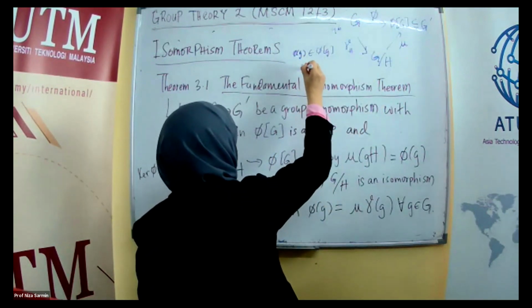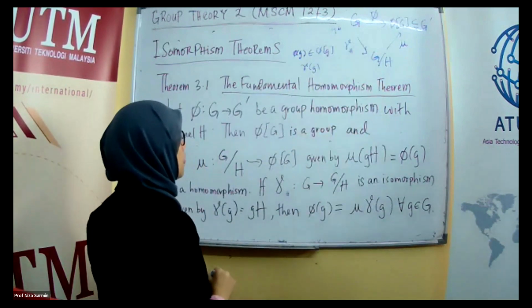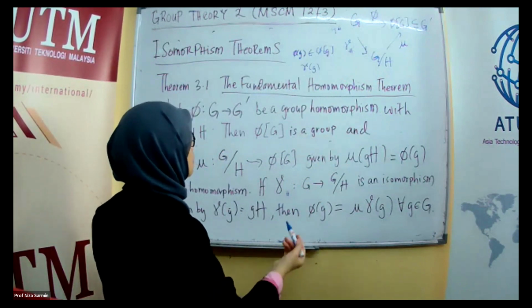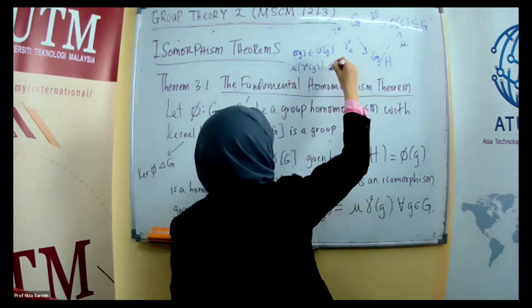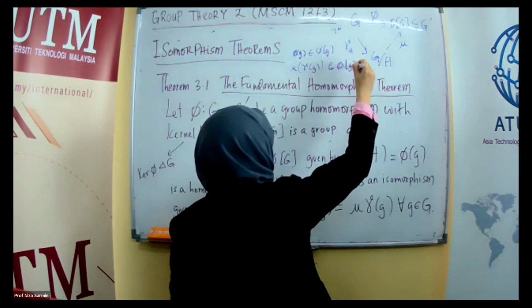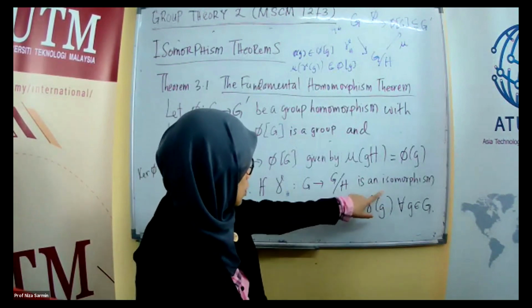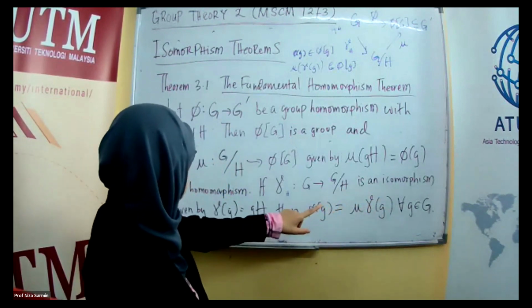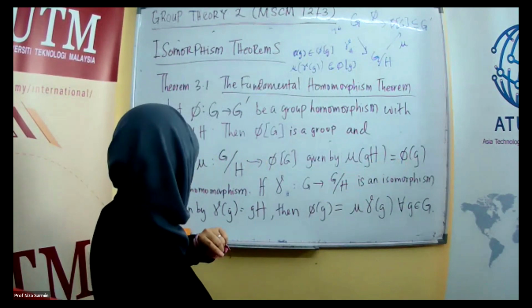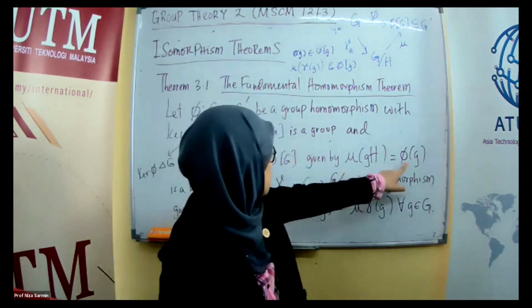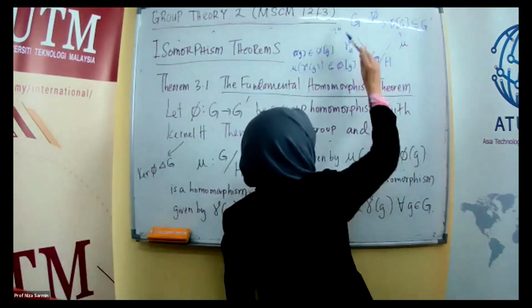You apply G, you go here, and then you apply mu again, then you get back here in phi of G. You take the G, it becomes the coset, and then mu of the coset, you get back phi G. So in this case, they match. Okay, I think it's much easier to see in this way.